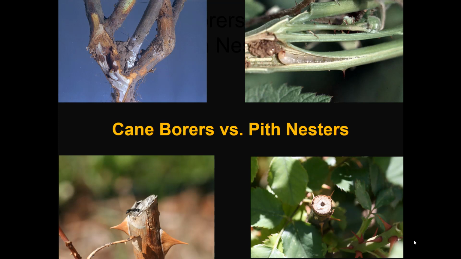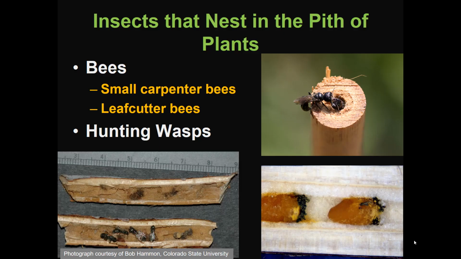They girdle it and they cause wilting and the like. But then there's others that may just use the stem as a nest site. And these are often beneficial species. So be aware there's two different kinds of things you might see in plants with these small canes.